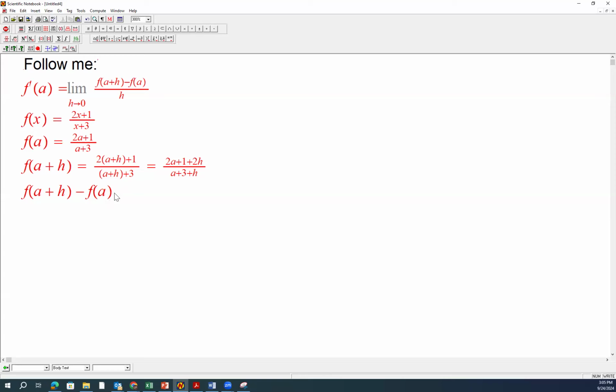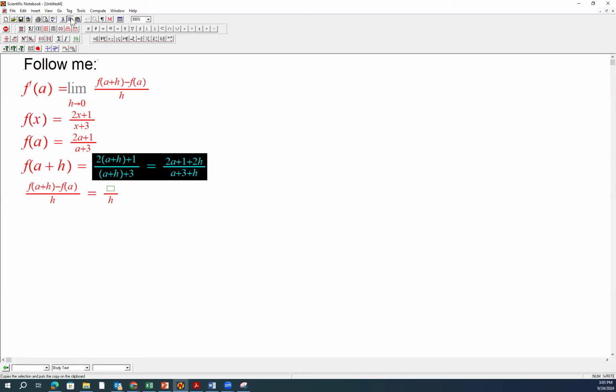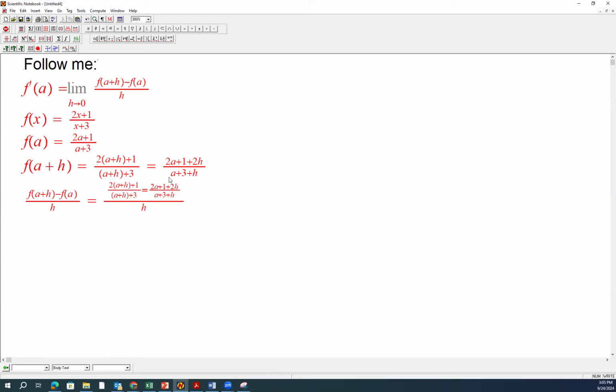And we're also going to divide by h. All right, so be careful about alignment. This equal sign and the fraction bar are on the same level. So this whole thing is the denominator.